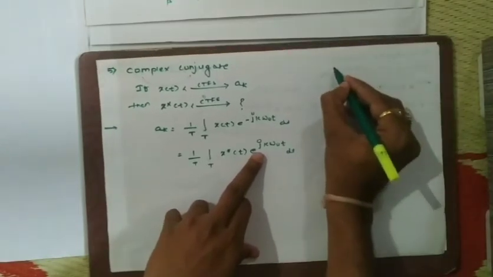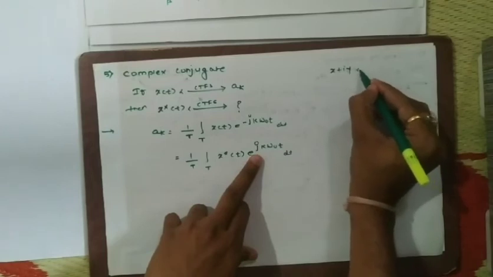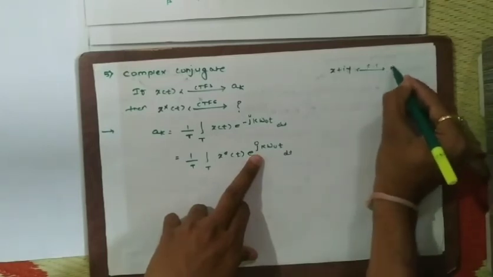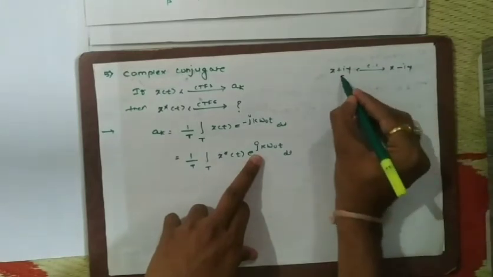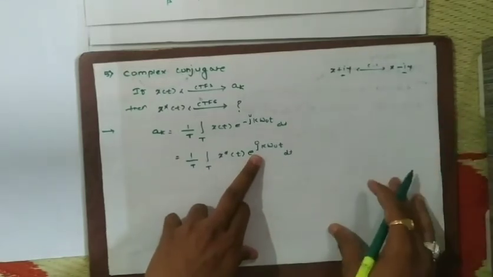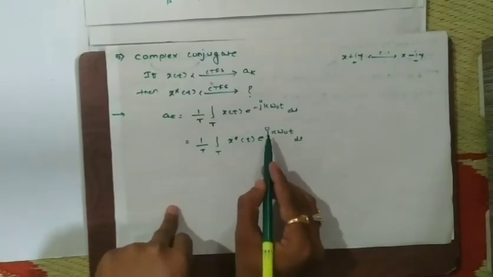Now why are we treating this as plus? Because if we have a complex number x plus iy, its complex conjugate becomes x minus iy. That means there is a sign change of the imaginary term only. Here minus j was there, so its complex conjugate becomes plus j.